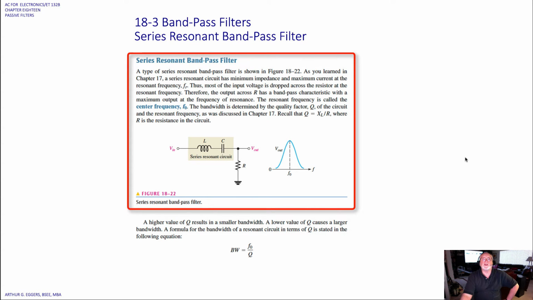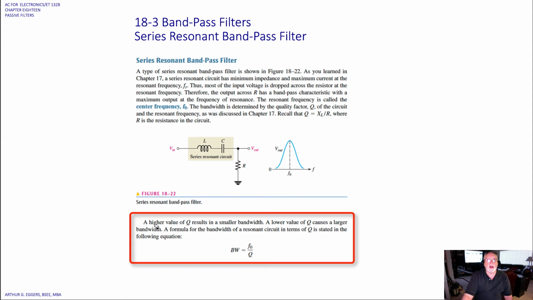The bandwidth is determined by the quality factor of the circuit and the resonant frequency as discussed in chapter 17. There's that quality factor that you were questioning that seemed to have been glossed over. Well, here it is. We're putting it to use again. Recall that the quality factor is equal to the ratio of X sub L and R, where R is the resistance of the circuit. So a higher value of Q results in a smaller bandwidth.